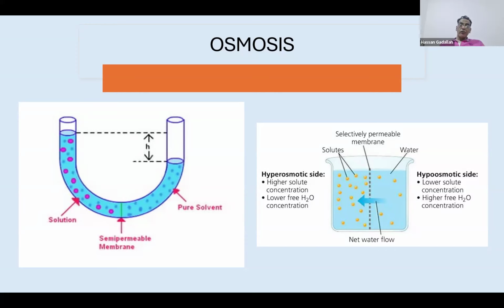When we have two compartments with different solute concentration, water moves from the compartment with low solute concentration to the compartment of high solute concentration. It's a fact we studied maybe in the secondary or preparatory schools.